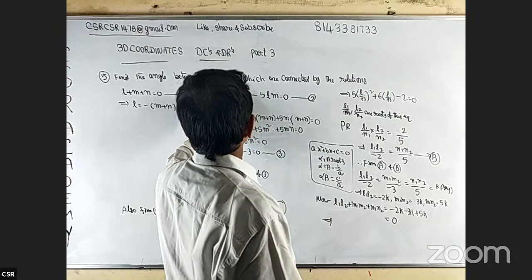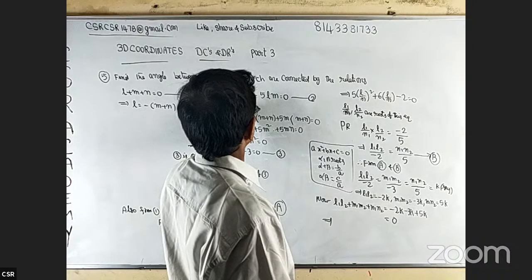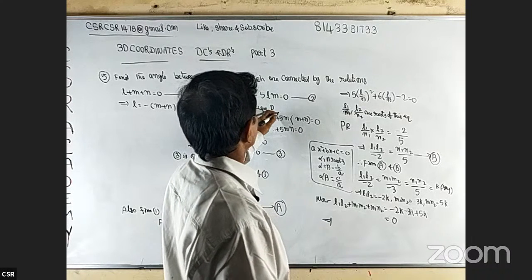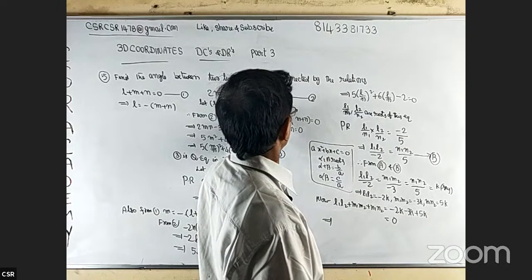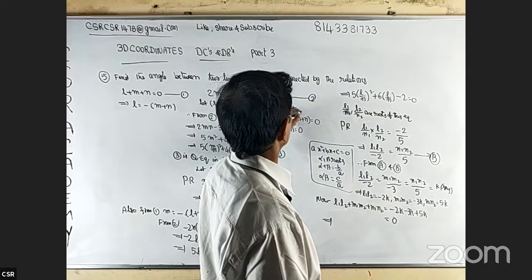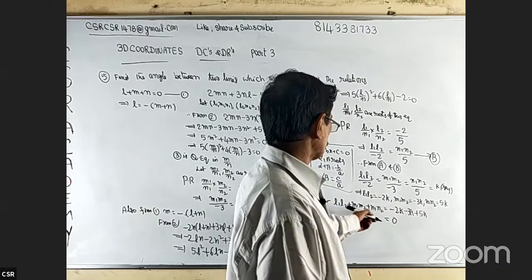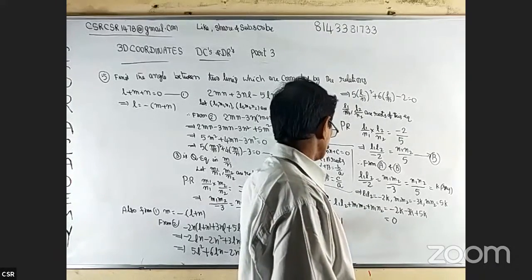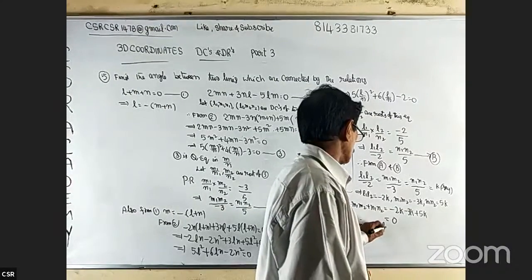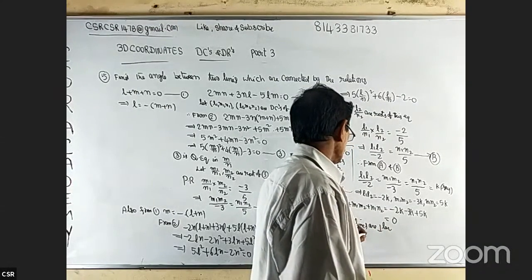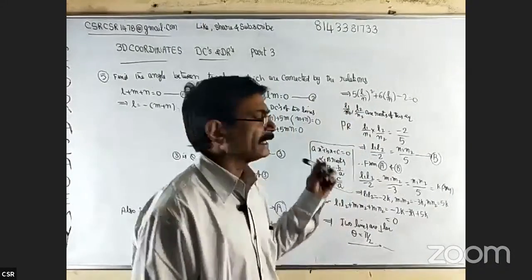Let l1 m1 n1 and l2 m2 n2 be the direction cosines of the two lines. The sum of the products is 0, which implies the two lines are perpendicular. Perpendicular means the angle is 90 degrees. The angle between the two lines is 90 degrees.